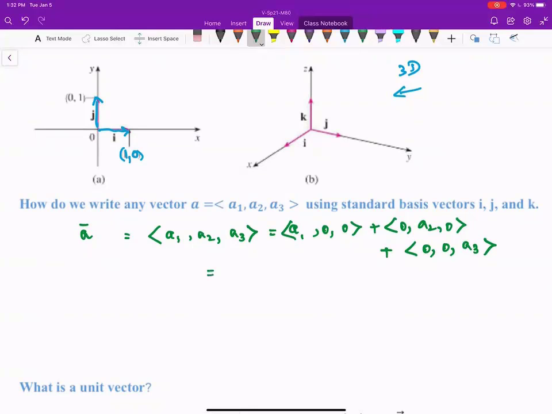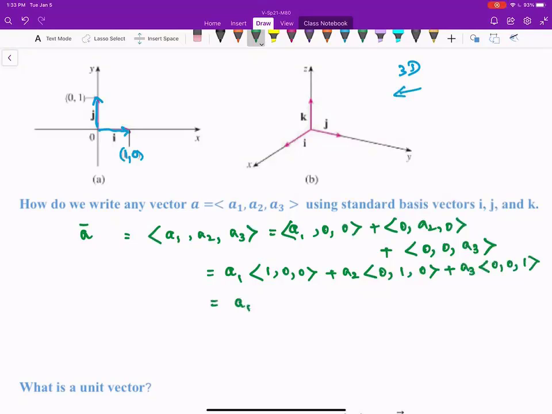A1 is after all a scalar which can be taken out, and you can write it like this. Plus A2 can be pulled out, and 0, 1, 0. And A3 can be pulled out and written as 0, 0, 1.